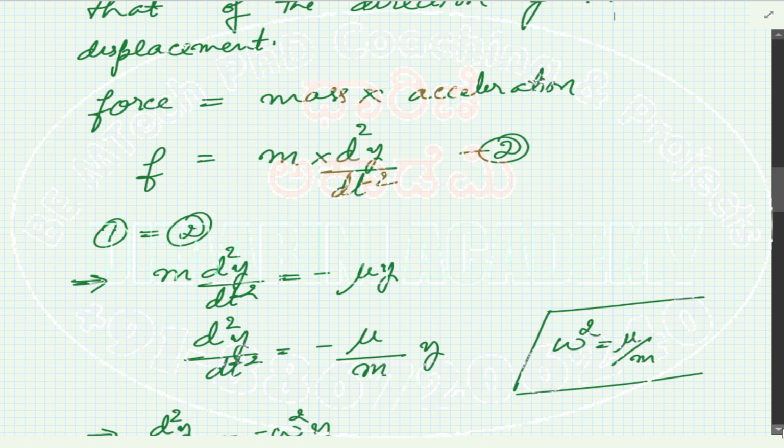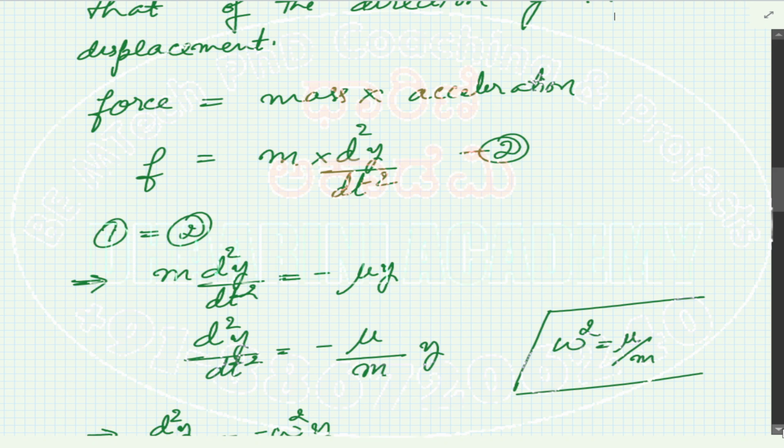Now the whole system has a single force that is denoted by F, but this F has two equations, that is equation number 1 and equation number 2. Since there is a single force present here, equation 1 and equation 2 should be equated.